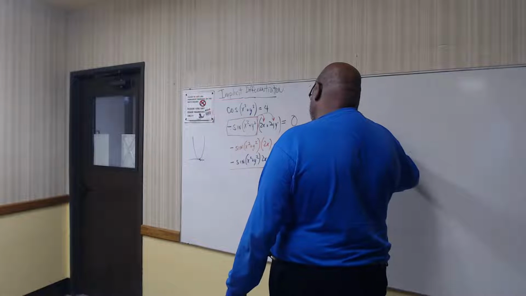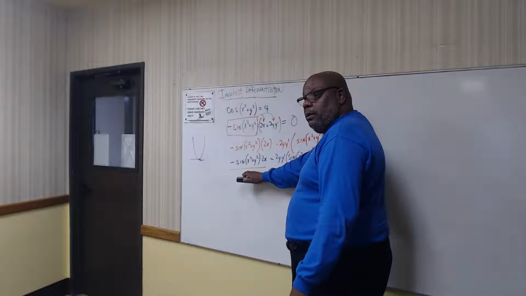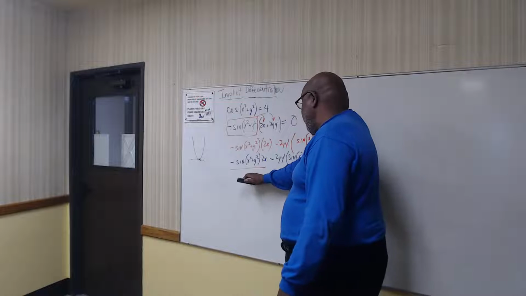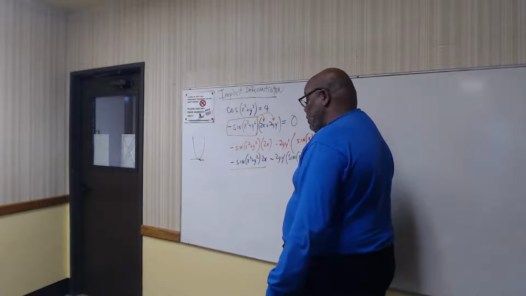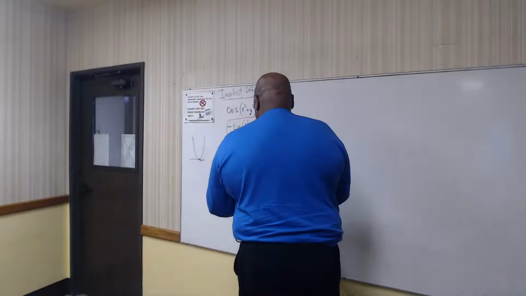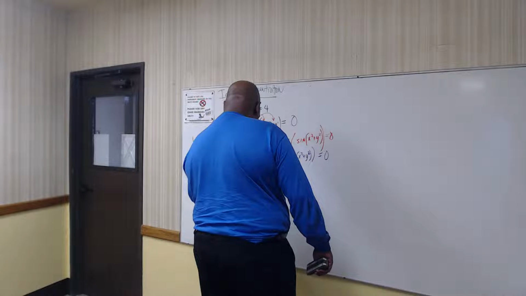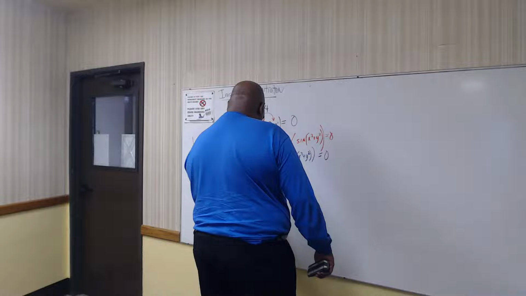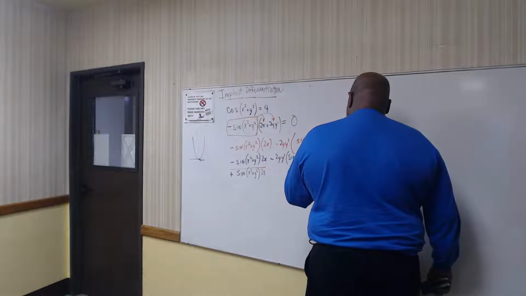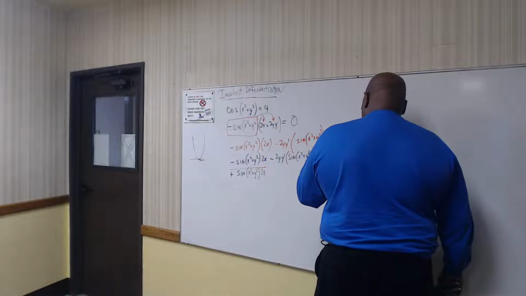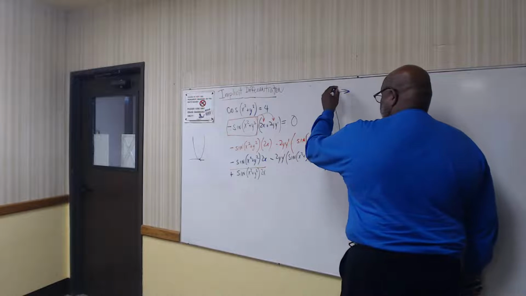Now there's a number of ways to proceed because look at this sine of x squared plus y squared. They're the same, aren't they? So one could say we could factor it out, but I don't think that gets us closer right away. What gets us closer is if I can add this to both sides. What do we get?